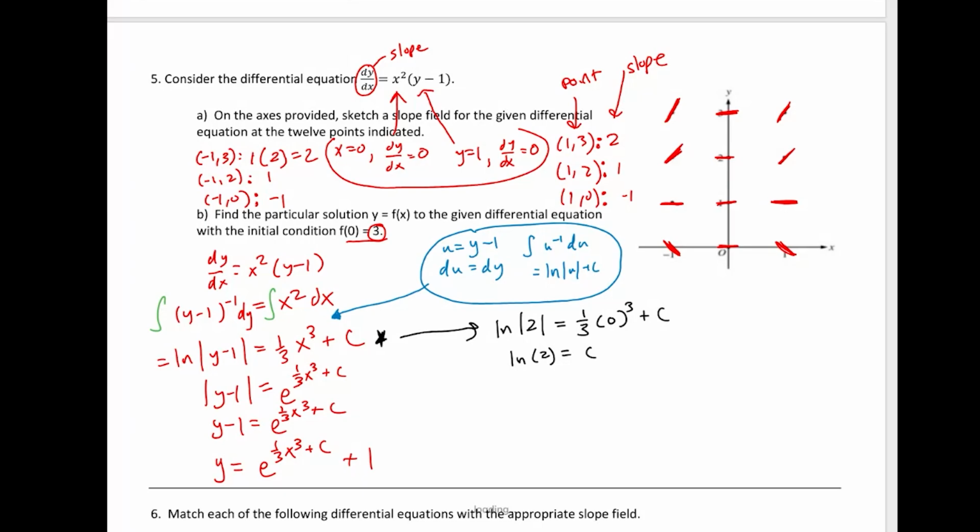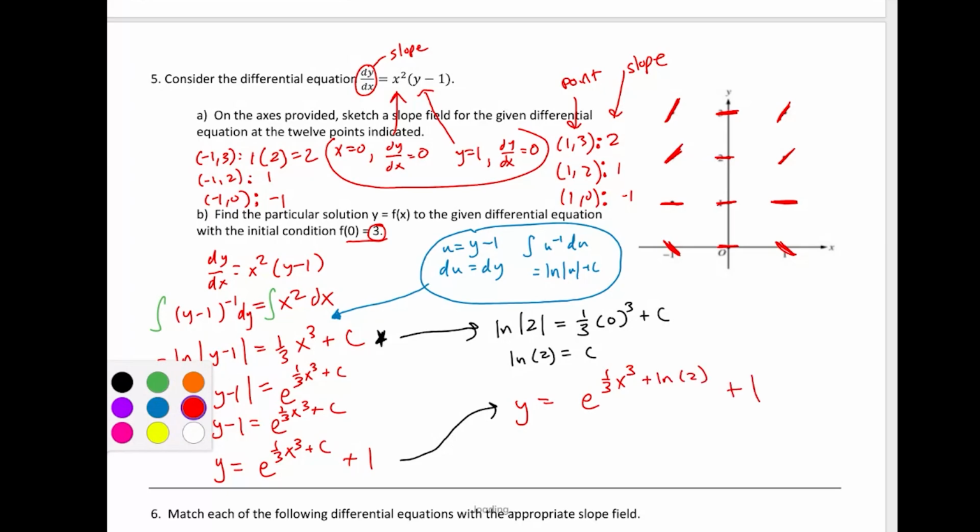So c is the natural log of 2, which means we can rewrite this equation now as y equals e to the 1/3 x cubed plus natural log of 2. We've at least talked about, when you get an equation in this form, you want to be ready to rewrite this whole power natural log of 2 here as a coefficient.